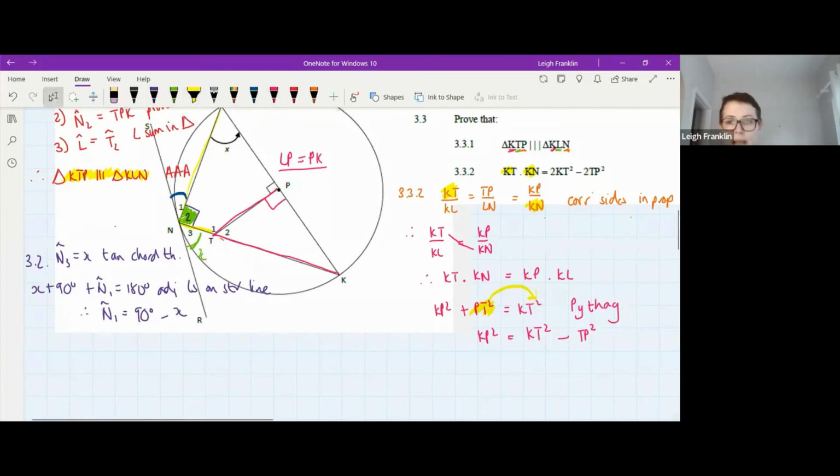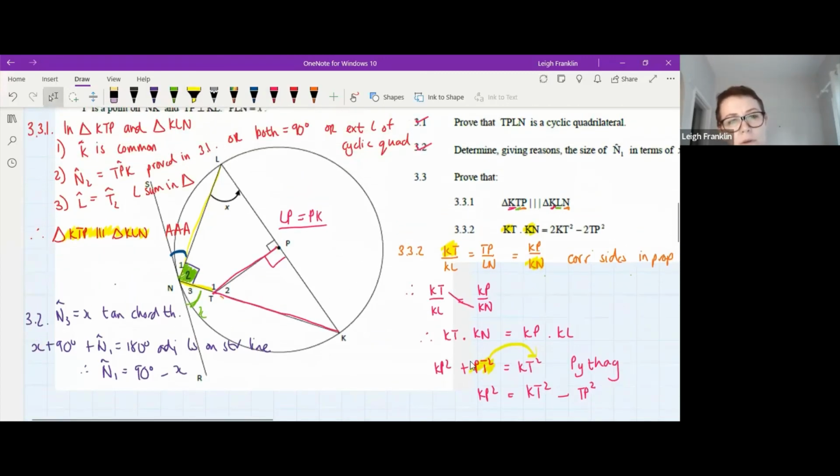Now, Matrix, if we go and have a look, they said KP times KL.